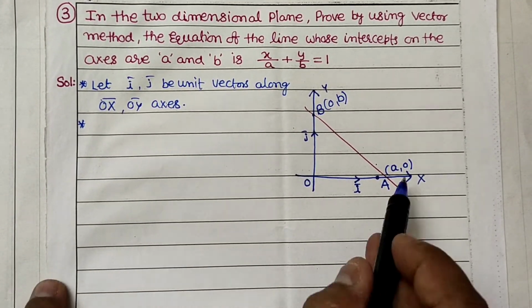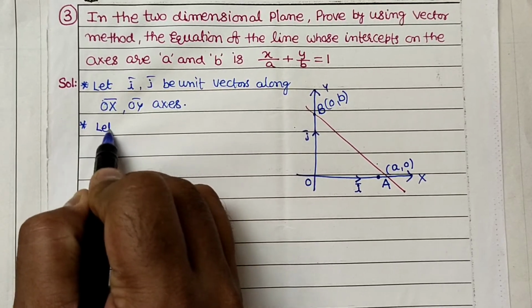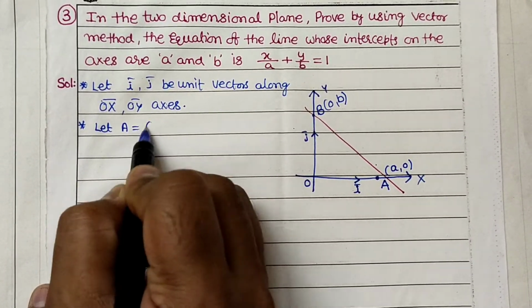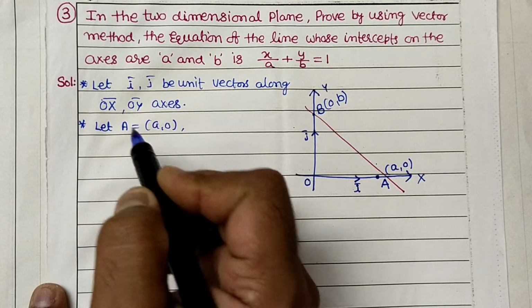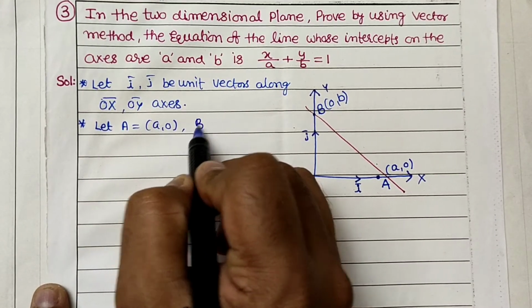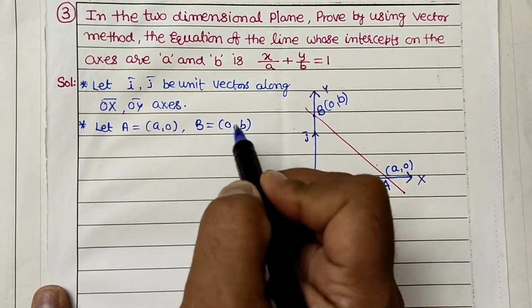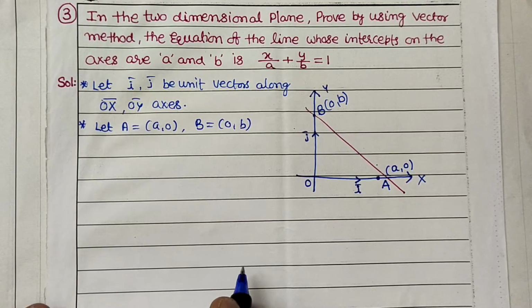Whatever points you have taken, you can write it. Let capital A equal to a comma 0 and B equal to 0 comma b. These are the points.